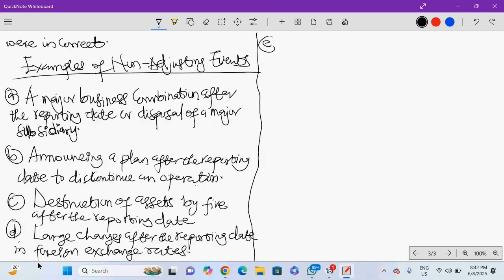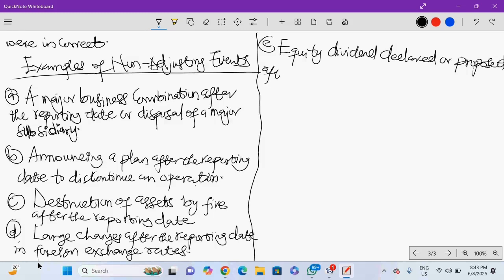Then we can also talk of equity dividend. When you declare a dividend, equity dividend declared or proposed after the reporting date.